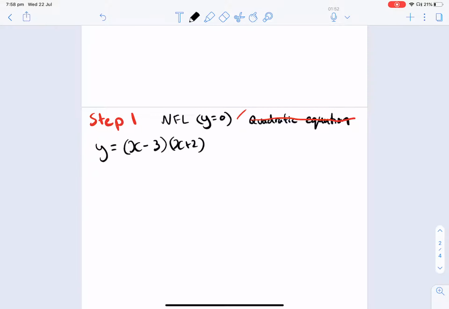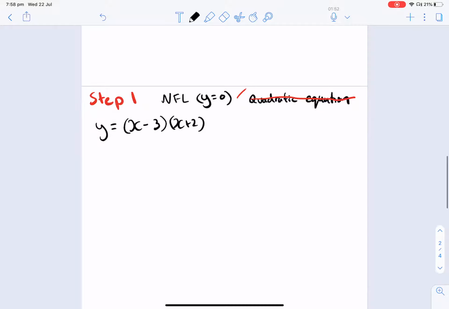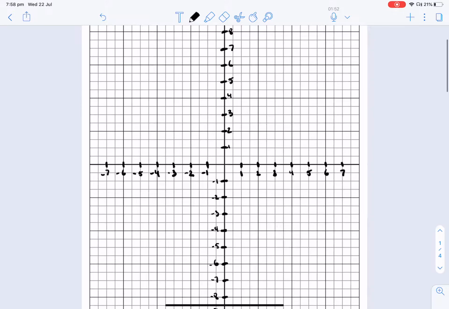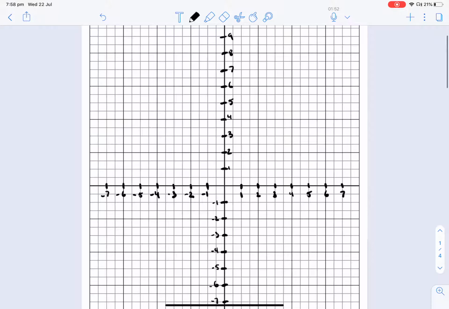So something to remember when we are looking for the null factor law is that we're looking for the x-coordinates. So the x-coordinates are the points along a graph where y equals 0.